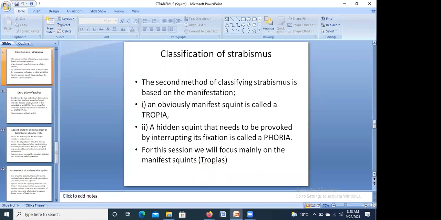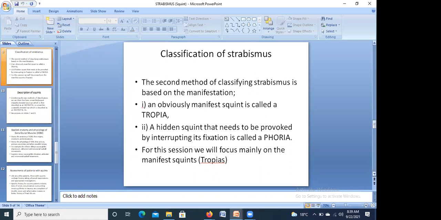Or we also have a deviation which is hidden, but when provoked, you can then see the deviation of the eye. And those are what we call the phorias. But for this discussion, we are going to first focus mainly on the obviously manifested deviation of the eye, which is called tropia.